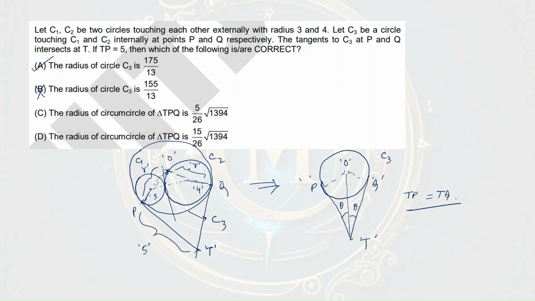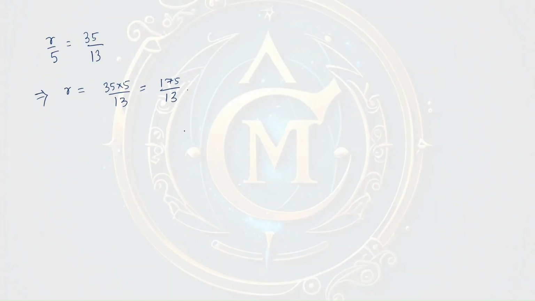In option C and D, both, it says that the radius of the circumcircle of triangle TPQ is this. So we need to check these two options. Now the radius of circumcircle TPQ. Let us draw the diagram again. These are the circles C1 and C2. This is 4, this is 3. And this is the circle touching internally both of them.